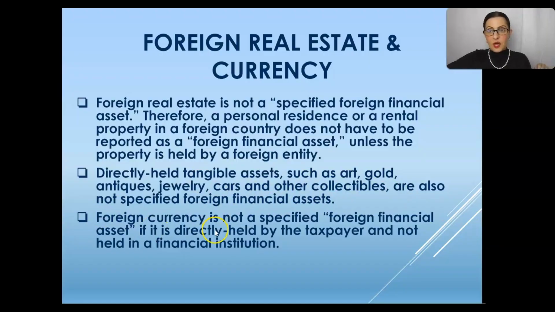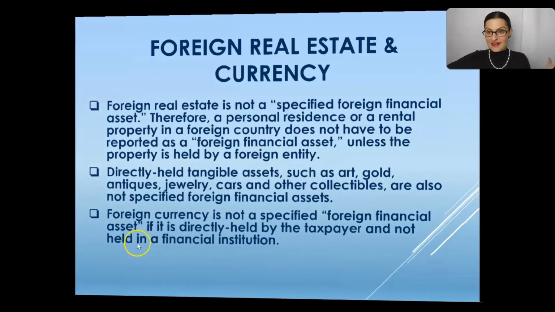Foreign currency is also not a specified foreign financial asset if it is directly held by the taxpayer and not held in a financial institution. So if you just have stacks of cash underneath your mattress or in your safe at home, along with gold coins or whatever, that doesn't have to be reported. Those are not foreign financial assets if you hold those assets directly and not inside a bank.